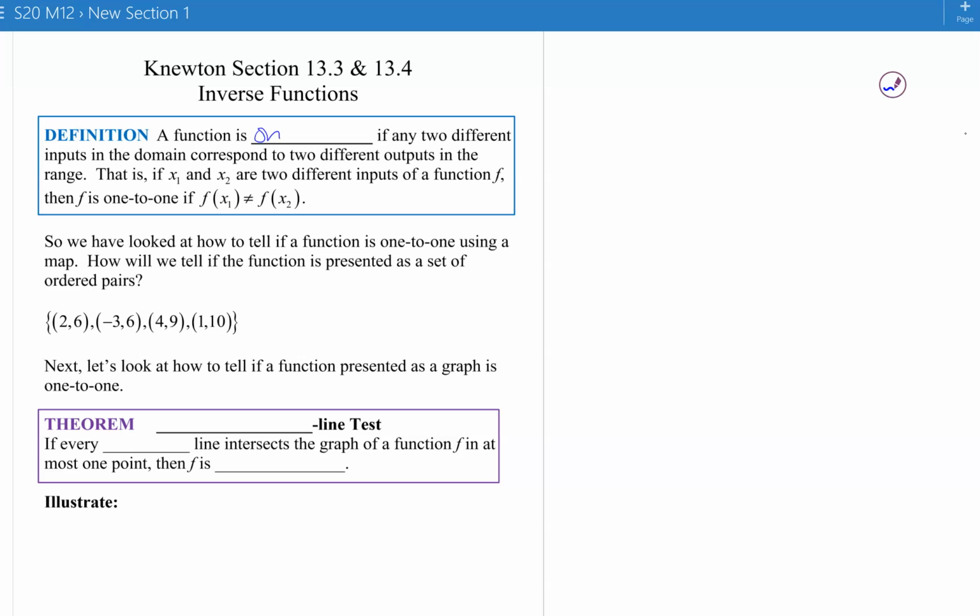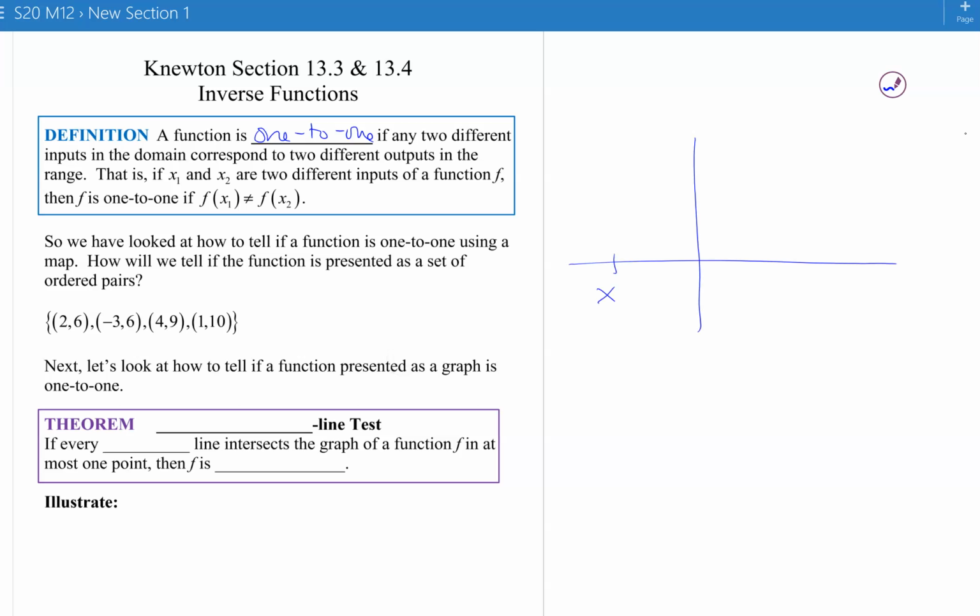So a function is one-to-one if any two different inputs in the domain correspond to two different outputs in the range.